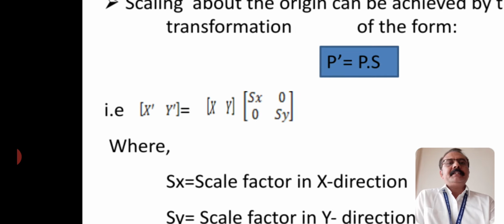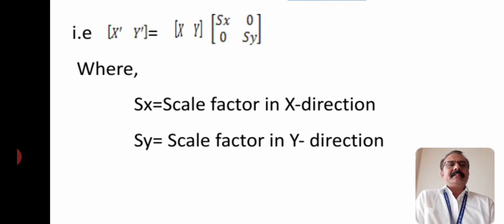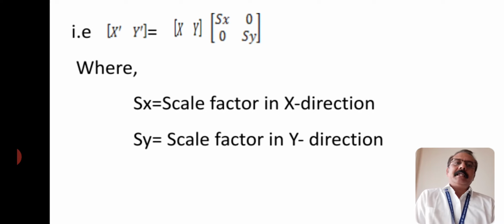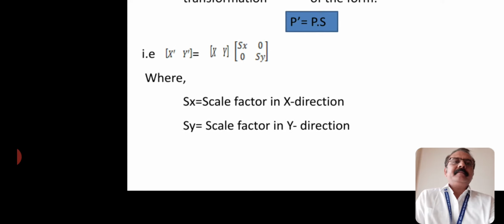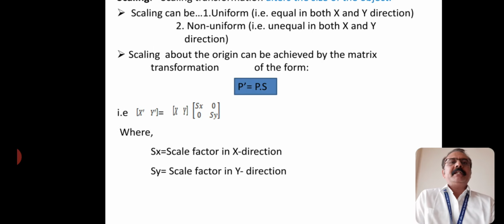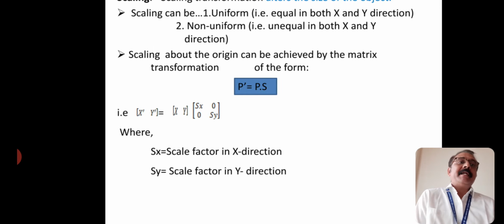Now Sx is the scale factor in x direction and Sy is the scale factor in y direction. Simply we can say scaling transformation is achieved when the original matrix P is multiplied by the scaling matrix S. Therefore, the new position is achieved as P dash is equal to P into S.